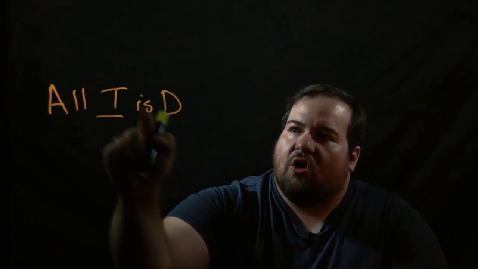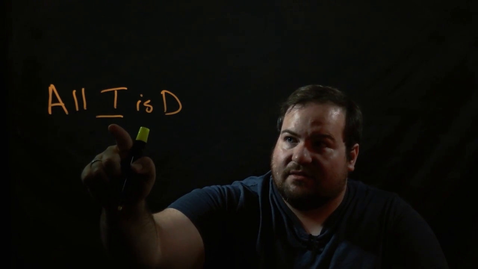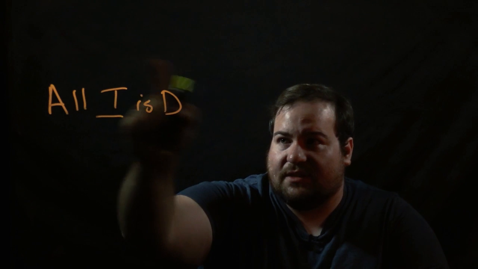So if I said all tacos are delicious, right? I'm using an A statement, and an A statement says that every single taco, all of this class, is denoted by this statement.